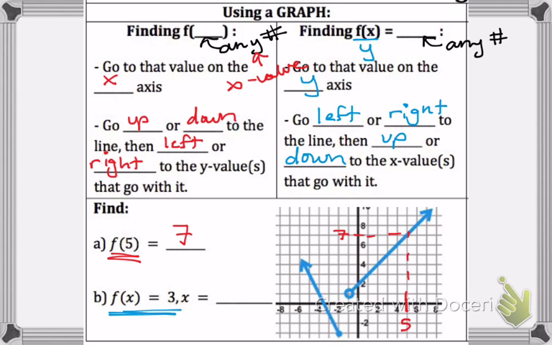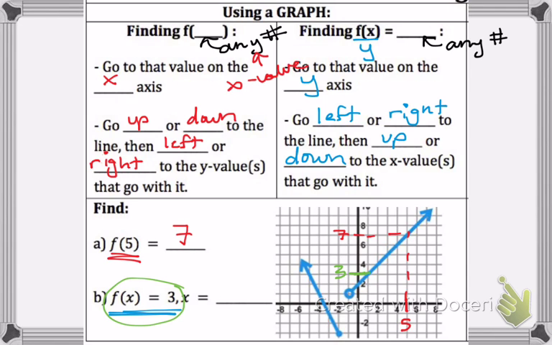So if we have f of x equals 3, we'll shift gears here to green. f of x equals 3, go to the 3 on here. So f of x equals 3 is that 3 value on the y-axis. Sorry about the interruption just now. I have an impatient child.